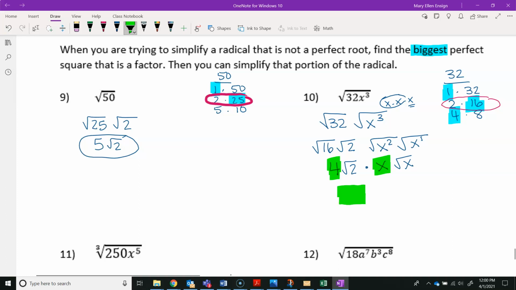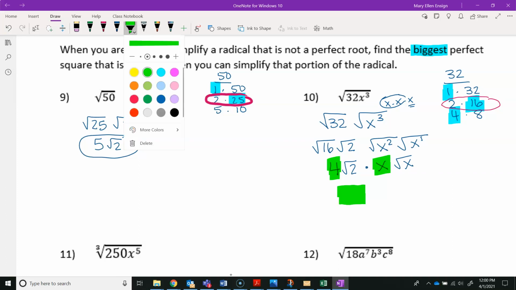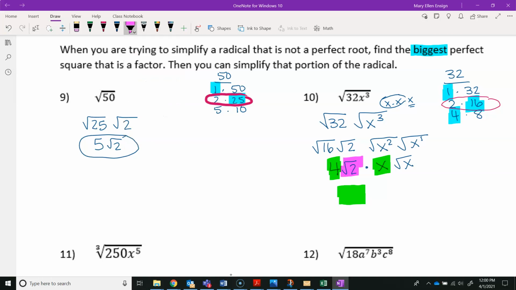And then I'm going to take what's under the radical, radical 2 and radical x, and that's going to go in this part of the answer. So my answer altogether will be 4x times the square root of 2x, or without all my crazy color coding, it will look like this.